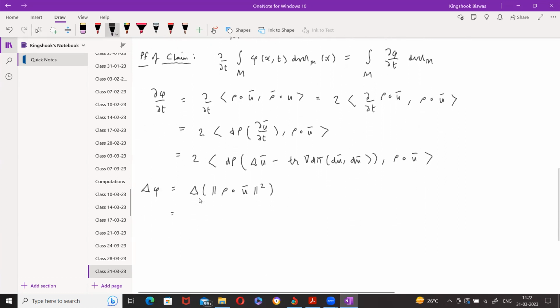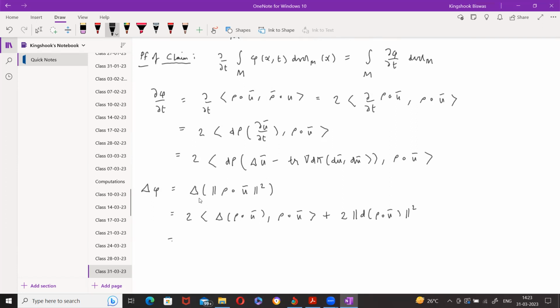So this is going to be twice the inner product of Laplacian of rho composed with u bar with rho composed with u bar, plus twice the norm squared of d of rho composed with u bar, right? Yes, this is the formula we just derived. So now, what is the Laplacian of rho composed with u bar?